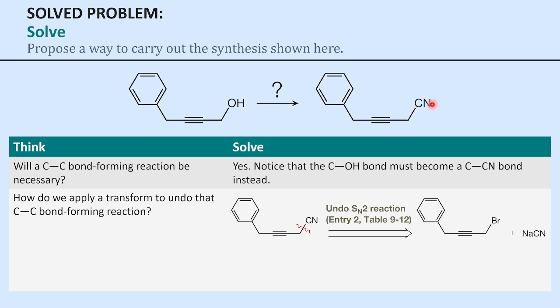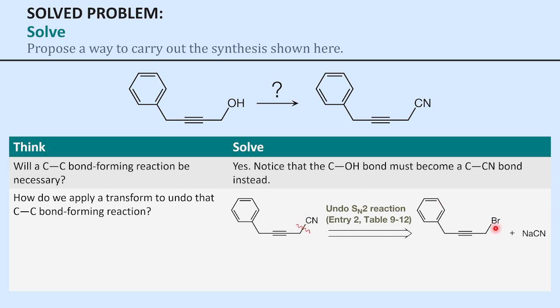And so we want to go ahead and write out that we're going to break this nitrile bond right here, get rid of that, and we're going to want to somehow get this into an alcohol eventually. But for now, we just need to break this and undo that. So we can undo an SN2 reaction. This is a reaction we know, and a fairly easy to understand reaction for us.